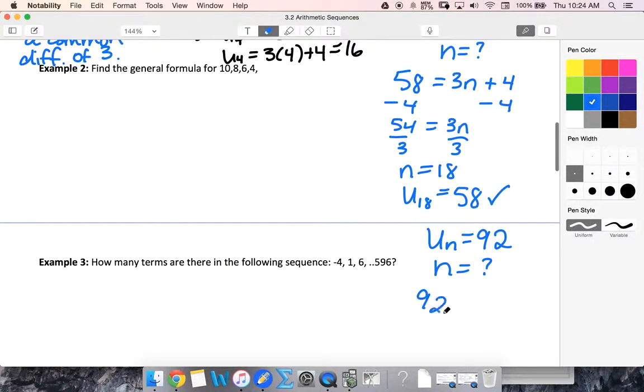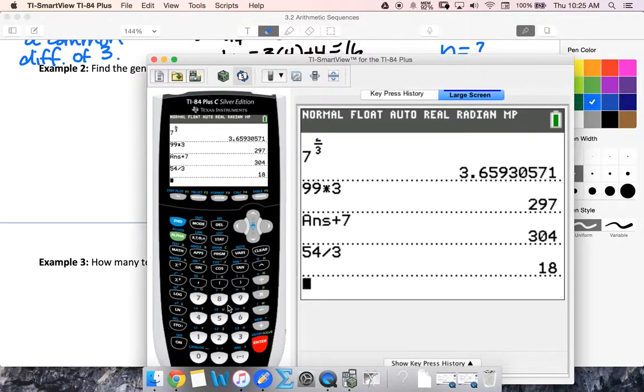If some term is 92, that means 92 is equal to 3n plus 4. Subtract 4 from both sides. 88 equals 3n. I know that no matter what I multiply 3 by, it never ends in 8. Never ever. I can test it though.